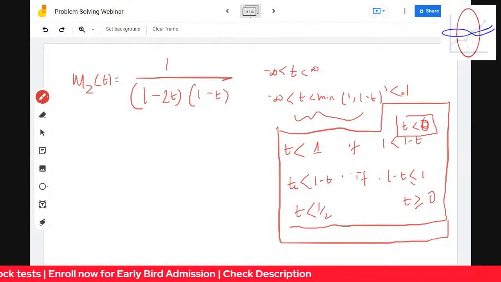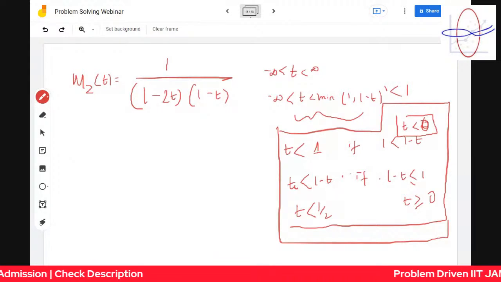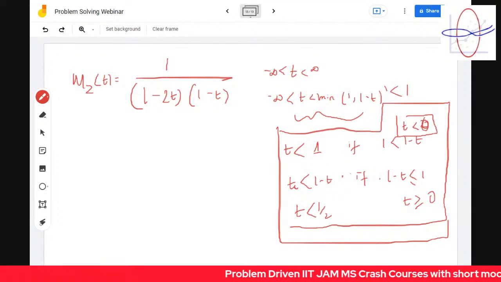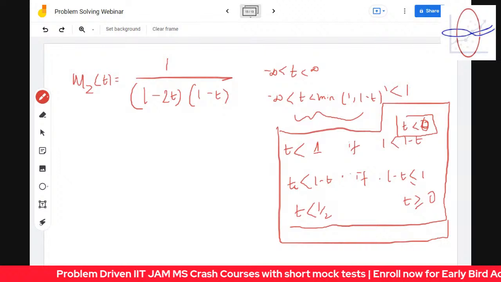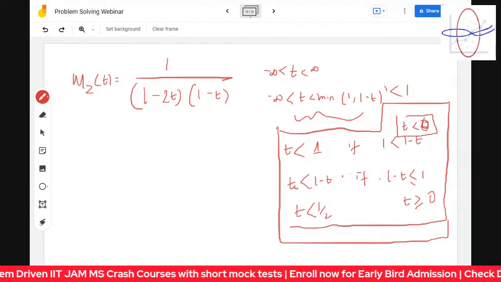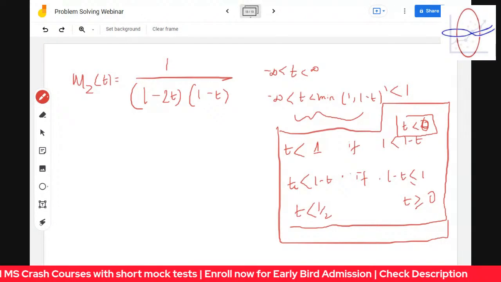What is the condition on t? Do you know some MGF which have such conditions? It is similar to the gamma or exponential MGF.